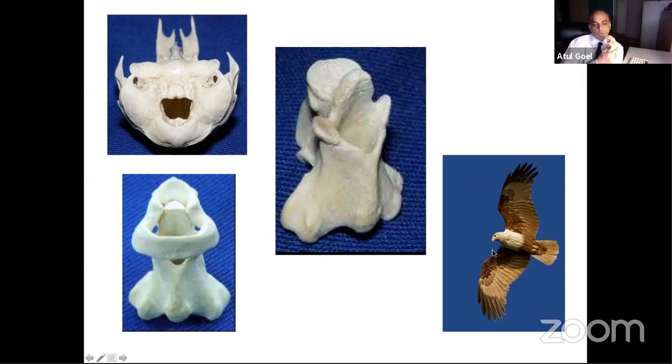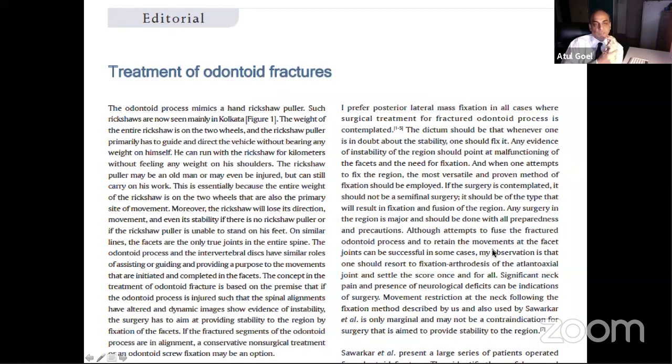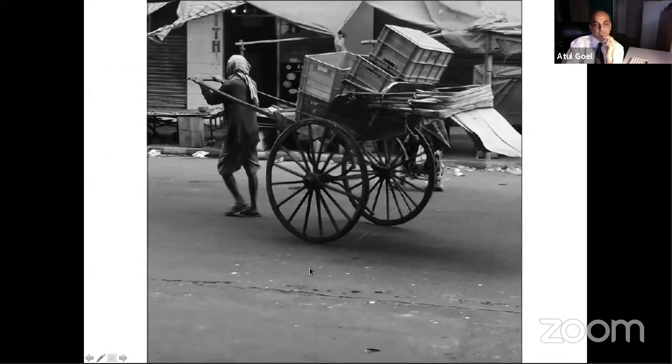Now I come to odontoid bone. So a huge number of articles have been written about odontoid process. And one beautiful article I wrote on odontoid process, and this is my odontoid process fracture article. So you may not know, and many of you have certainly not seen this kind of a rickshaw.